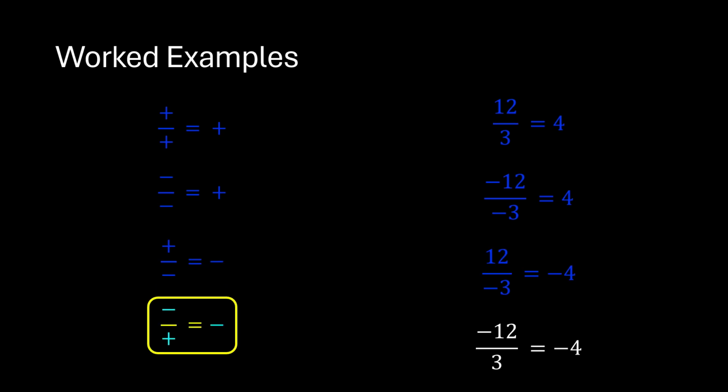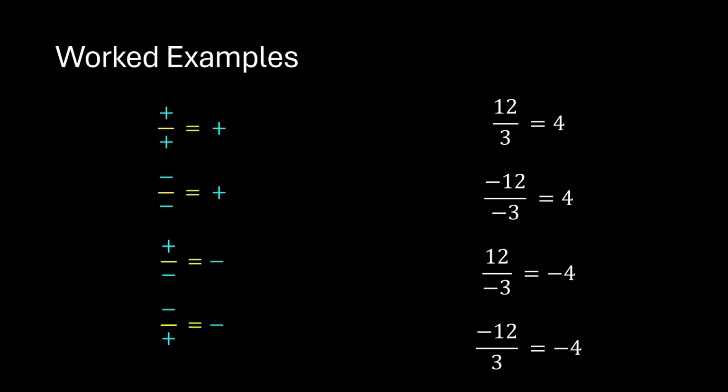And finally, minus 12 divided by 3 equals minus 4. Again, notice that only the signs change. The division itself stays exactly the same. Same signs give a positive answer, different signs give a negative answer.